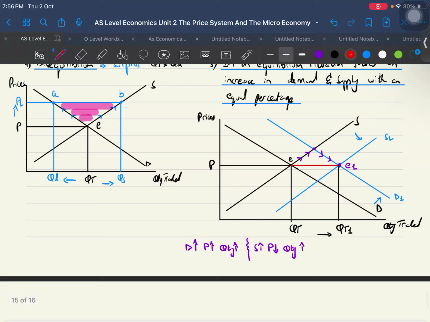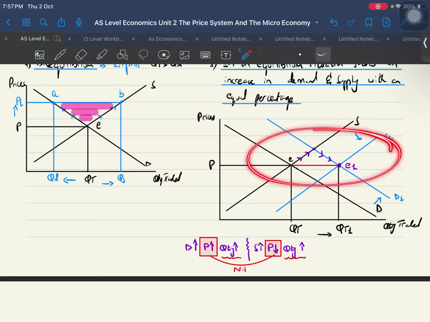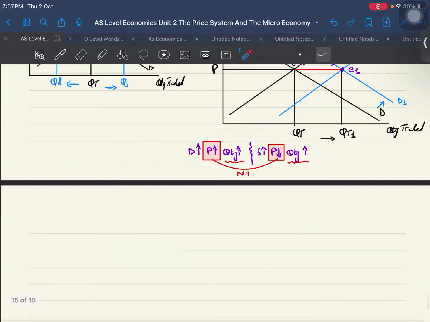So we can see the quantity is increasing twice, but the price is increasing and decreasing. This increase and decrease of price makes the impact of price nullify. This is a nil effect on price, okay? And this is what we can see in the diagram. I hope you've understood it.